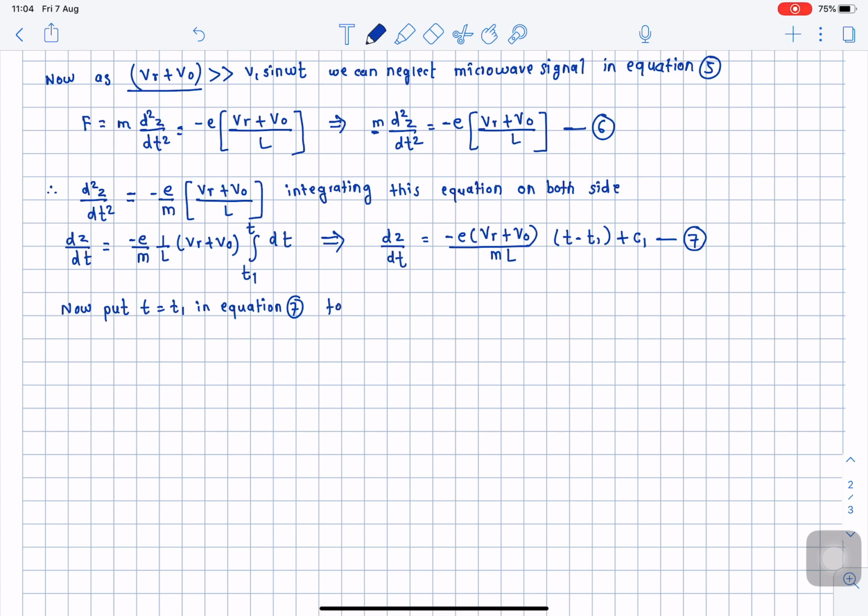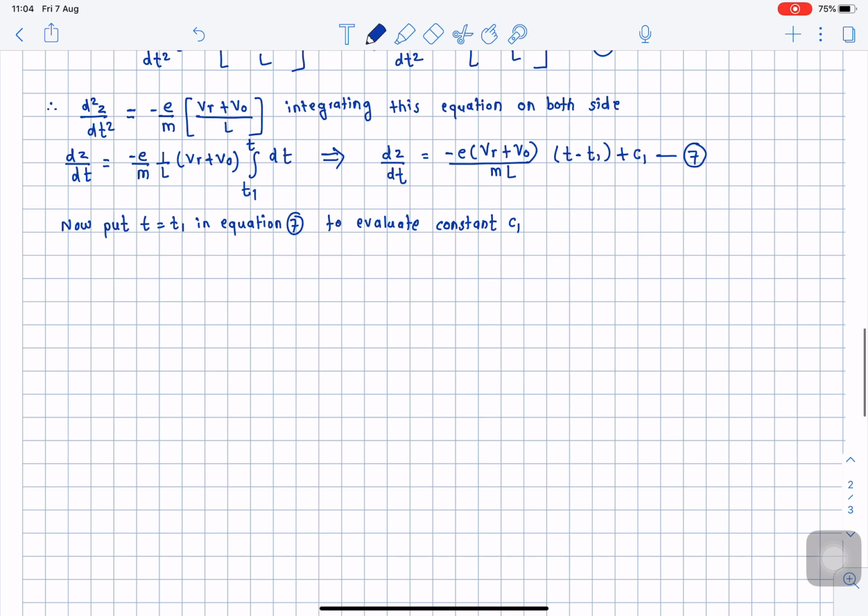At t equal to t1, dz by dt is equal to minus e Vr plus V0 divided by m into L, and the term t minus t1 becomes 0, plus c1.